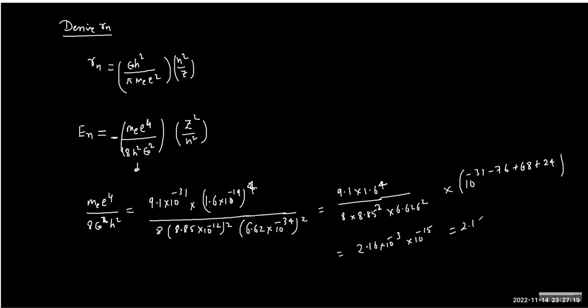Yes, sir. So 21 by 1.6, this is better. 216 by 16. Both are divisible by 4. 13.549. So that's very close to 54 by 4.